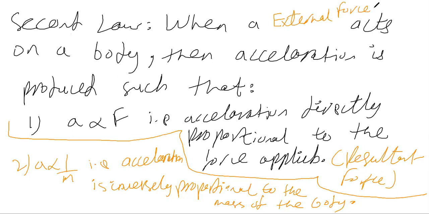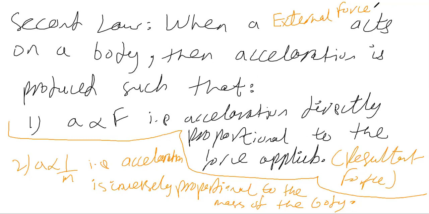So an object is moving or at rest, and when you give an external force, like for example there's a box on the table at rest, and you hit the box, what will happen? The box will move now.